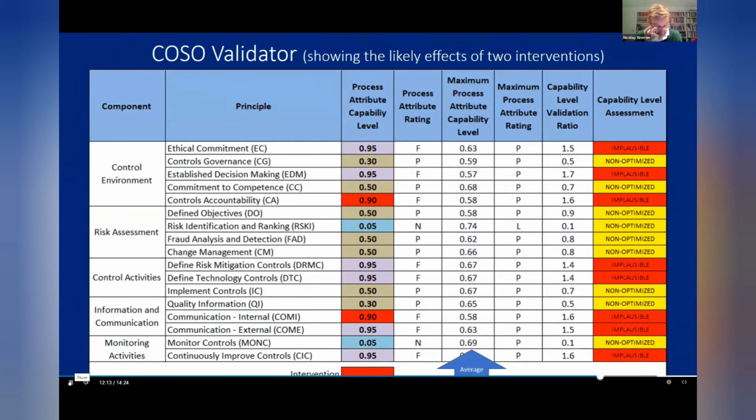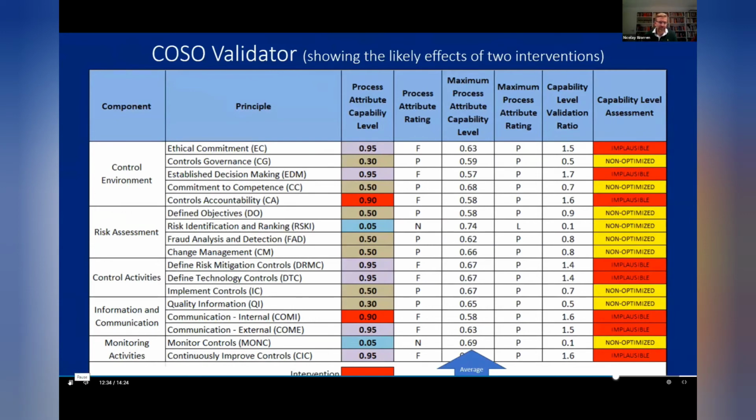Yet, all that effort focused on 2 areas barely managed to raise the average value from 54% to 63%. Had the validator tool been available to management, they might have used it to optimize outcomes by adjusting combinations of other principles to yield greater gains.